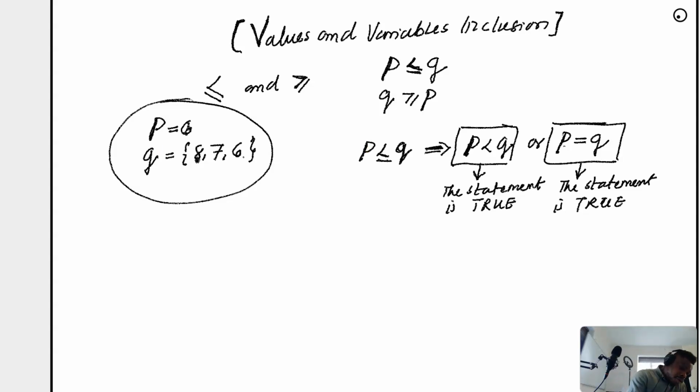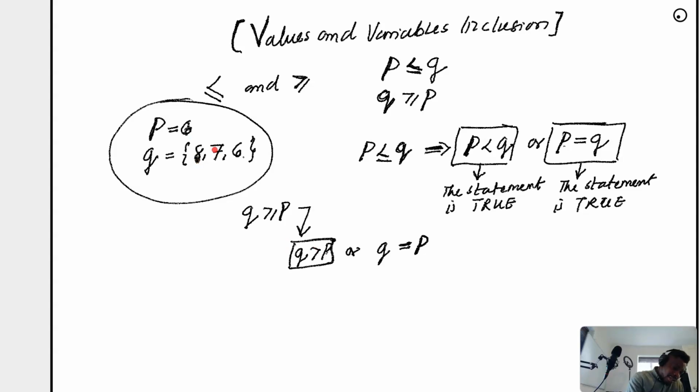Now, if you go by using Q greater than P, which simply means Q is greater than P or Q is equal to P. What is my Q? Q is 8. And what is my P? P is 6. 8 is greater than 6, so this statement is correct.